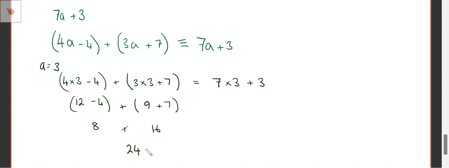Okay? What does this side equal? 7 times 3 is 21. 21 plus 3 is 24. They are the same, so we are happy, we're good. Okay? So not much different there.